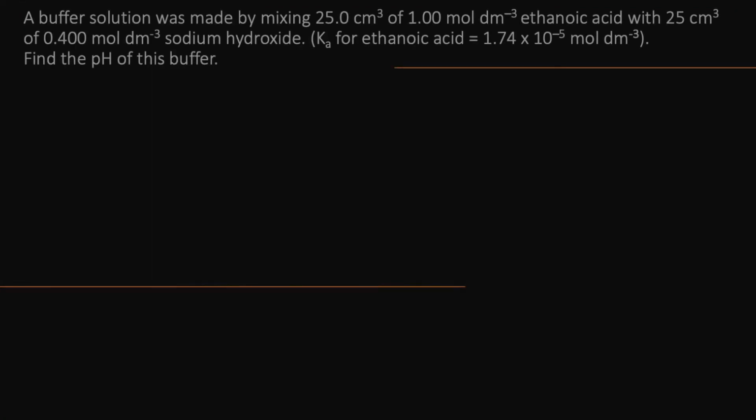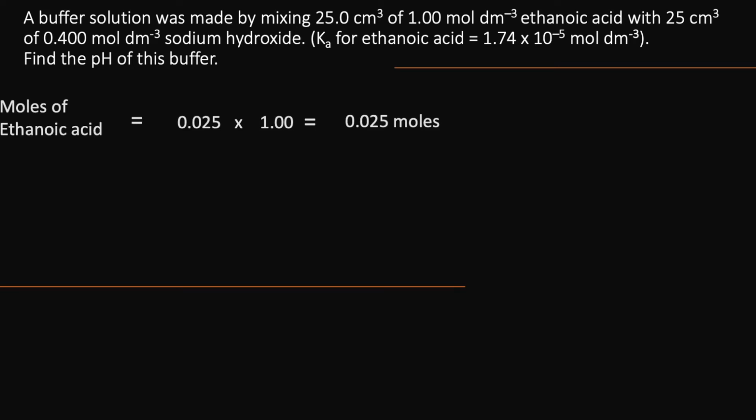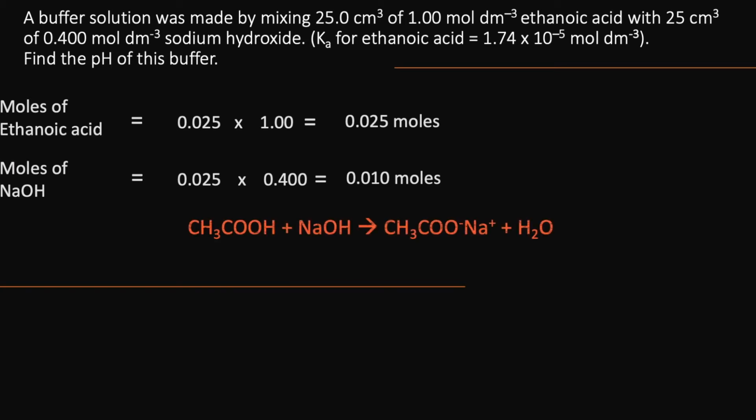So again, we're going to look at the pH, but first of all, we need to work out the concentration of sodium ethanoate we have, and also the concentration of ethanoic acid. So first of all, moles of ethanoic acid that we started with is going to be concentration times its volume in dm³. And we can work out the moles of sodium hydroxide that we added as well.